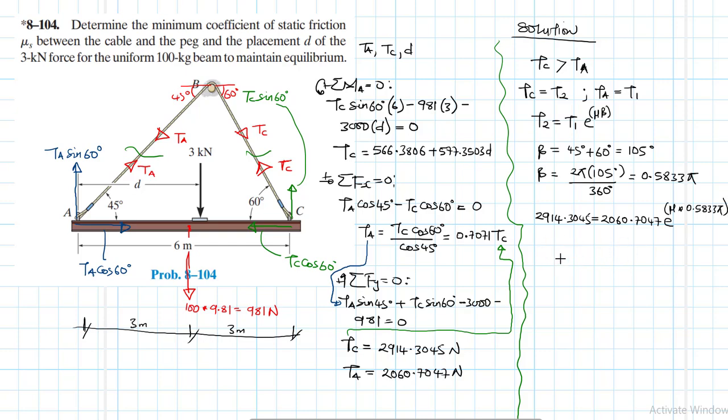Okay, taking ln of both sides and dividing, we are going to have ln of 2914.3045 divided by 2060.7047 equal to ln of e times mu times 0.5833 pi.